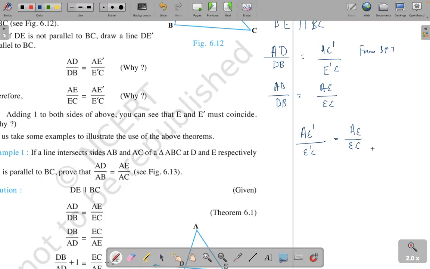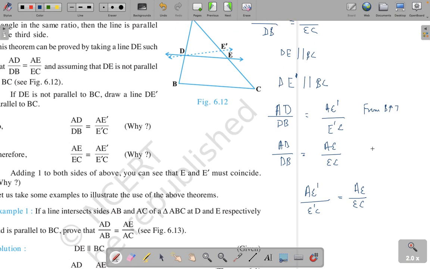From this, can you say E and E dash are the same? No, you cannot. It is just saying that the ratio of these two points is equal to the ratio of these two points. Sir, so it means that the points are coinciding on the same point? If their ratio is the same, does it mean they are coinciding?